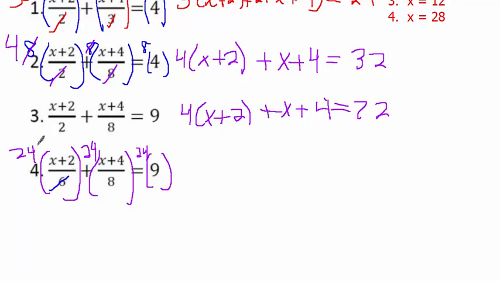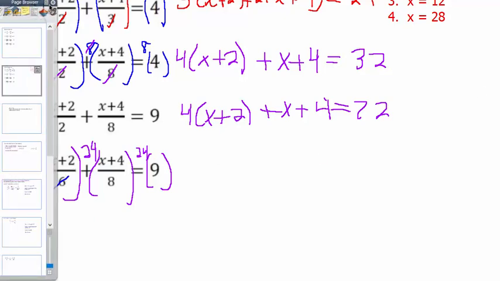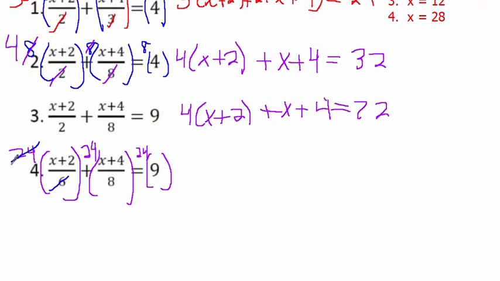Now, 6 goes into 24 4 times. 8 goes into 24 3 times. So what I end up having for my problem to start with here is 4 times my first numerator, and notice it's in parentheses.